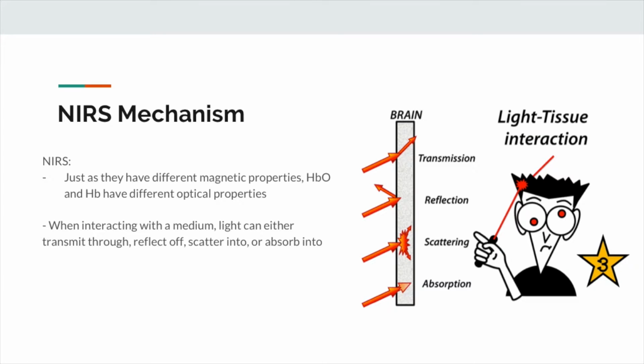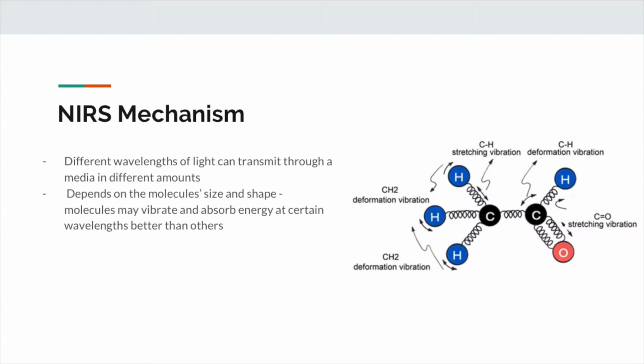Now, in contrast, just as they have different magnetic properties, oxygenated hemoglobin and deoxygenated hemoglobin have different optical properties, which is what NIRS leverages. When interacting with a medium, light can either transmit through, reflect off, scatter into, or absorb into it, like this little diagram helpfully explains. Different wavelengths of light can transmit through media in different amounts.